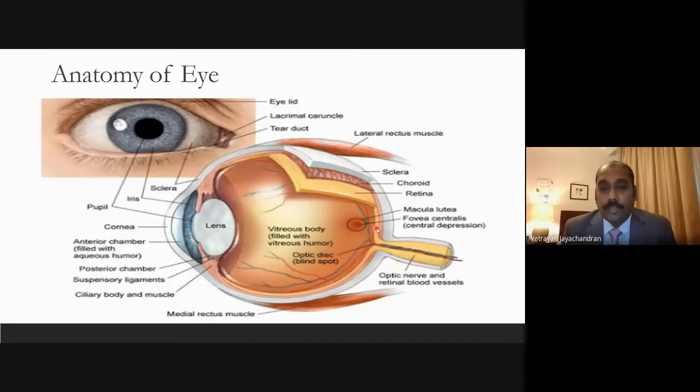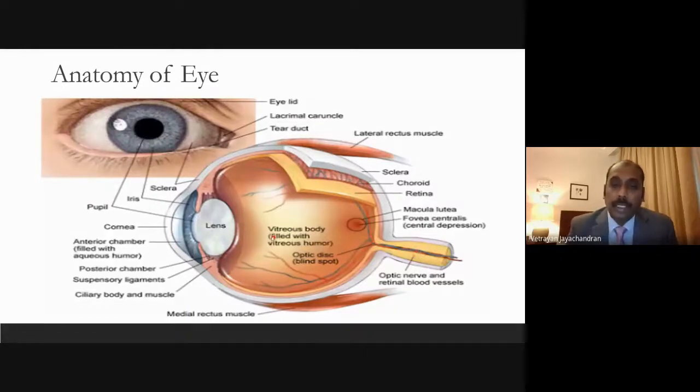These photoreceptors carry the light signals through the optic nerve, and then they are transferred to the visual cortex, which is located in the occipital lobe. So the optic nerve is the structure responsible for transferring information from the eye to the visual cortex.